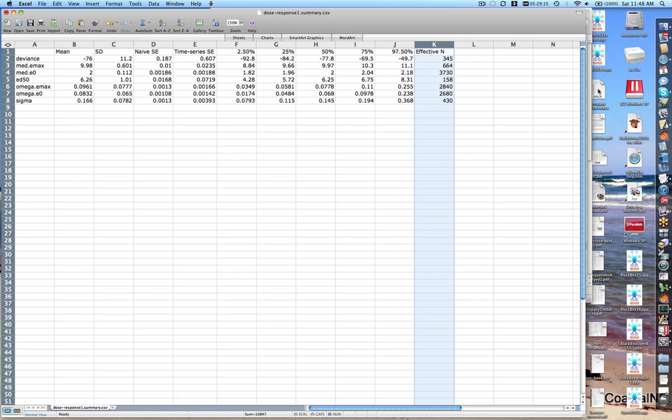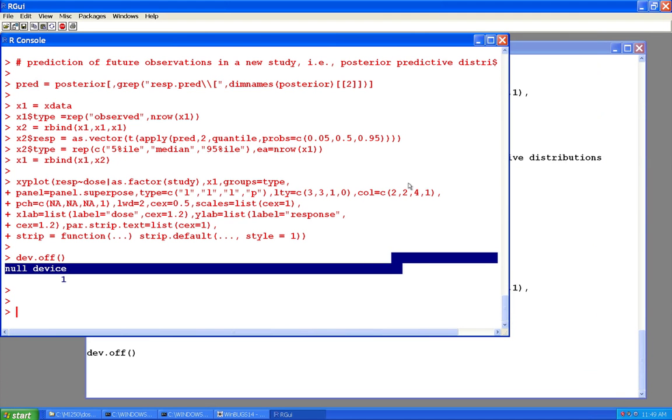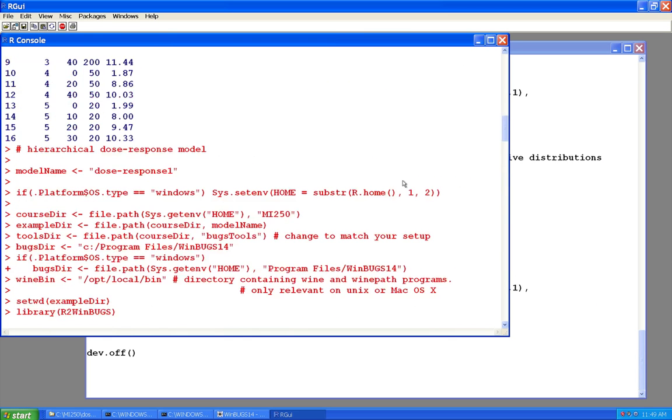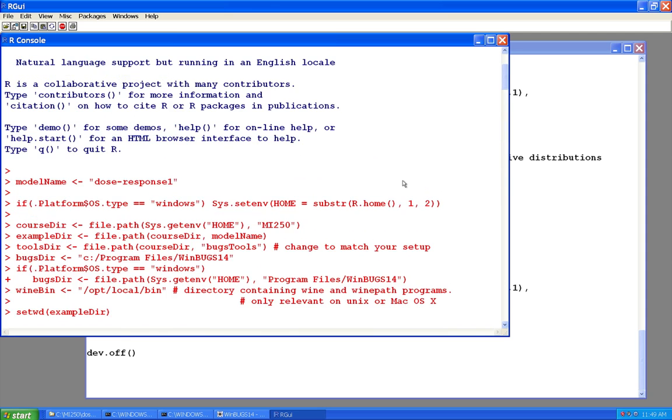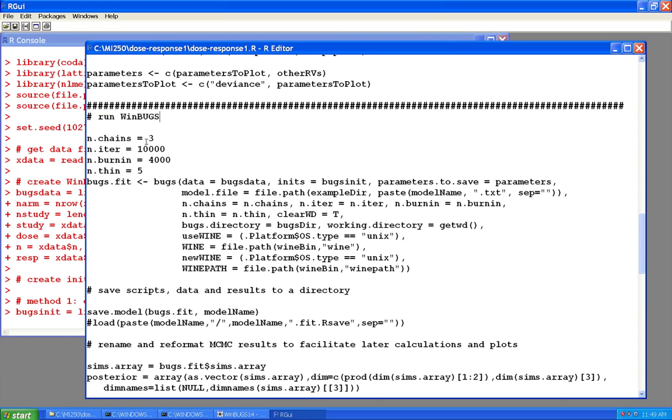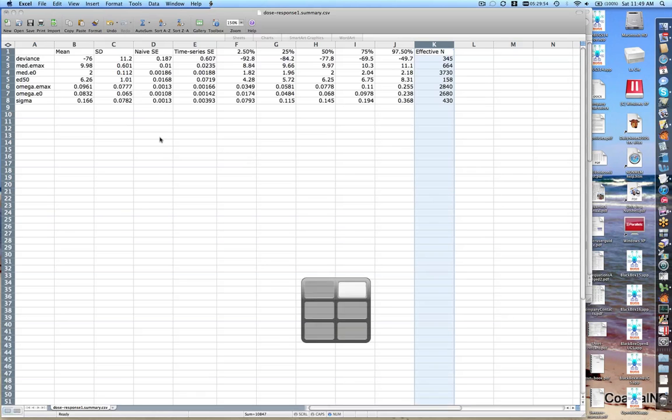Let me double check that that's actually how many I ran here. Okay, we did 10,000, so it's 6,000 times 3. So, 18,000. I'm sitting here calculating wrong. I'm thinking hundreds. So we've got 18,000 that we actually had to work with.